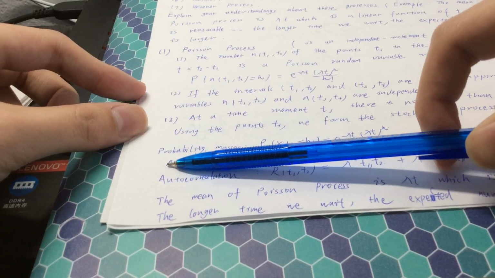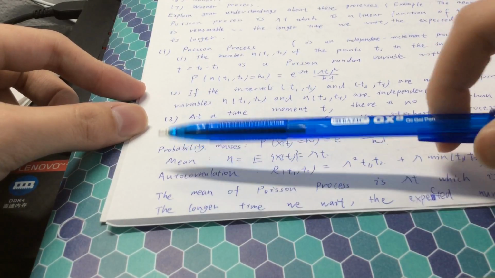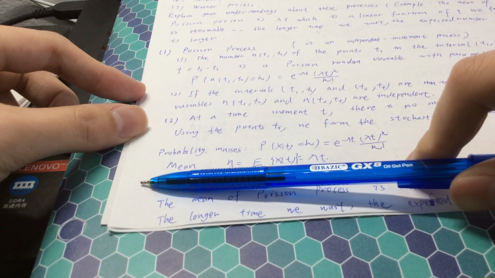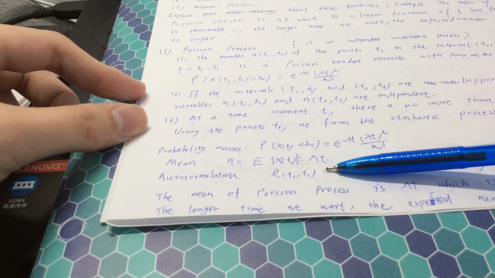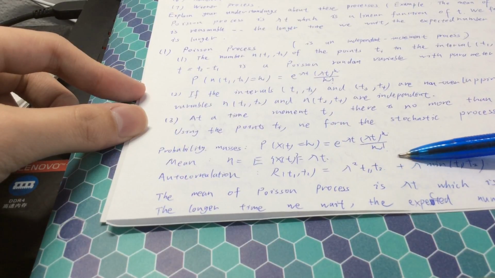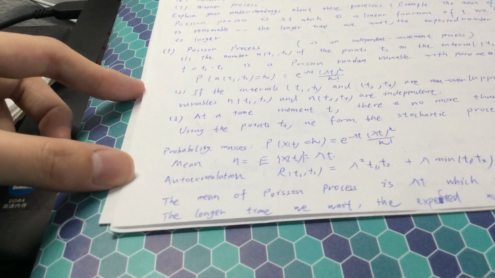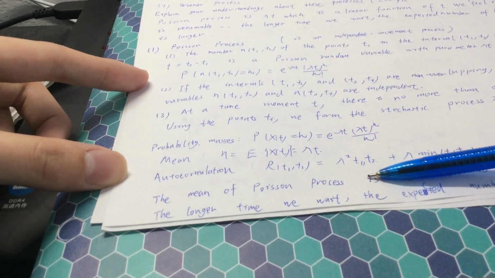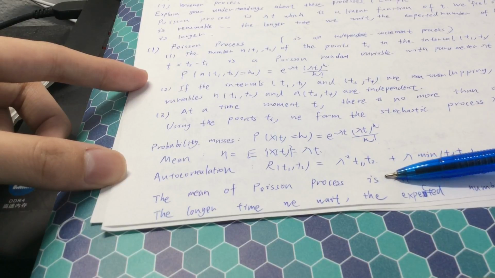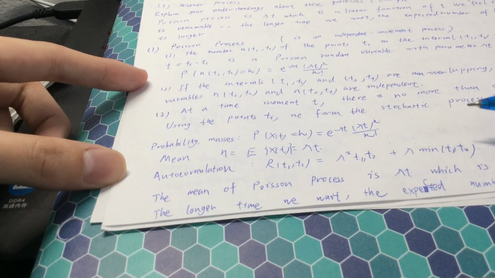And this is a probability mass function. And this is the mean, also called the expected value. It is equal to lambda times t. And this is the autocorrelation. It equals lambda square t1 times t2 plus lambda times the minimum of t1 and t2.